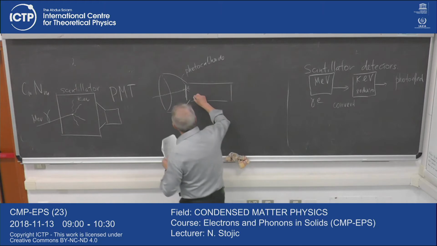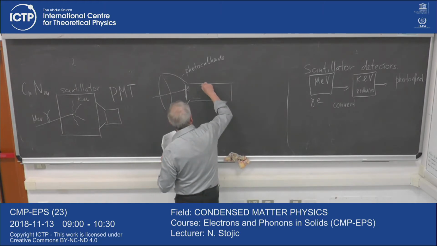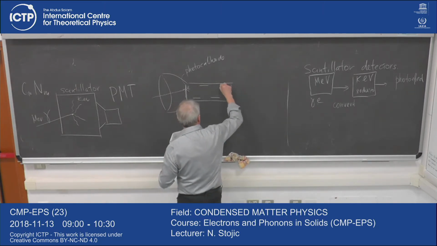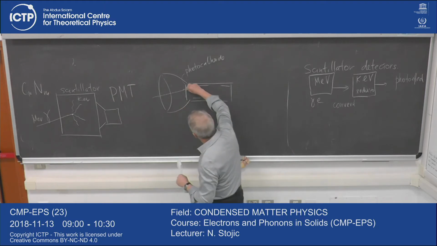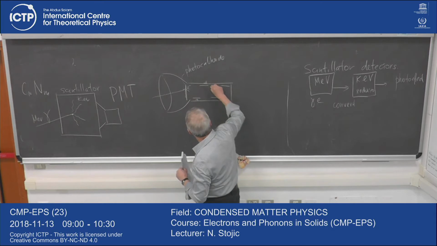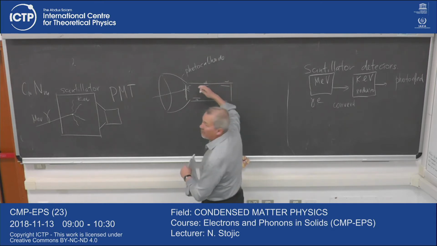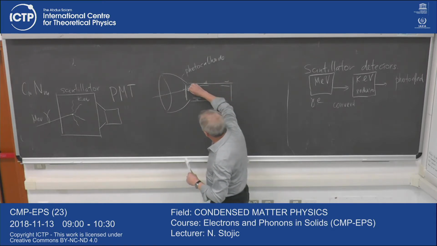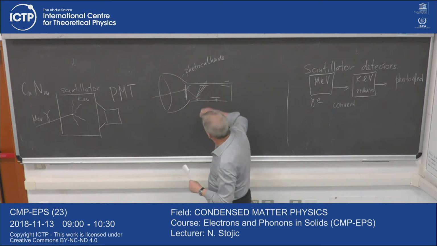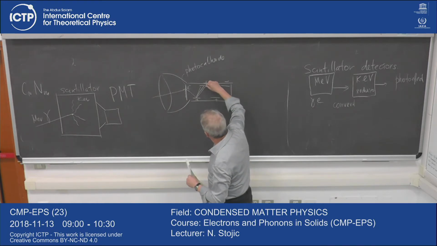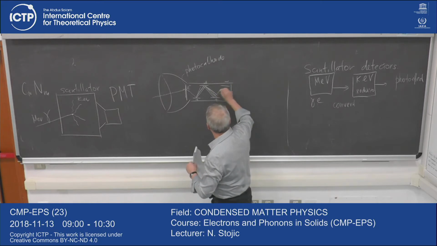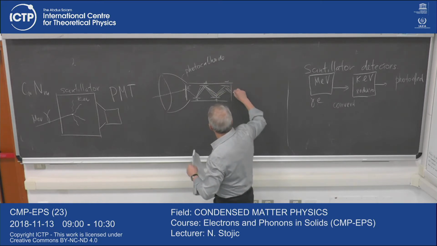Now here you have the plates with positive charge, so the electron produced here accelerates, here's plus, plus, plus, plus, with increasing potential. It accelerates and produces several secondary electrons, then hits another plate which produces even more, and then even more, and then you detect this signal.